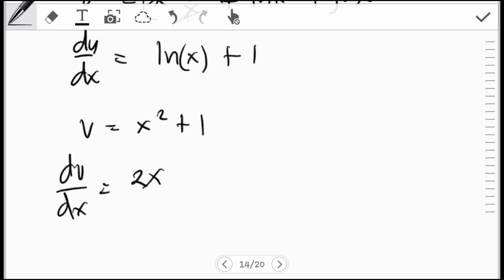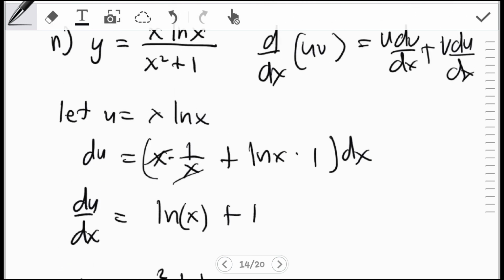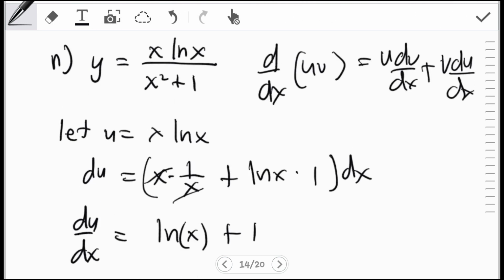Okay. So since the problem given involves a quotient, we apply the quotient rule in the differentiation of an algebraic function.